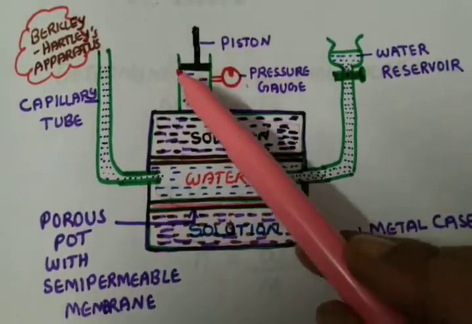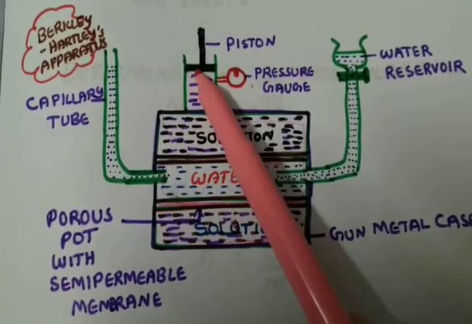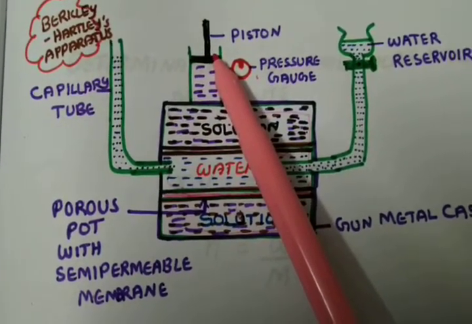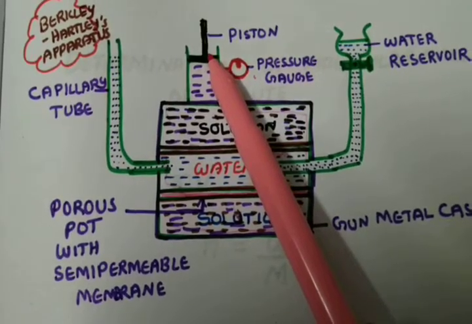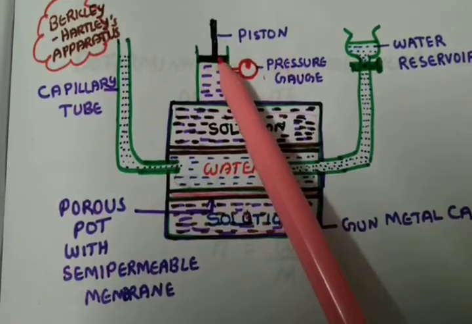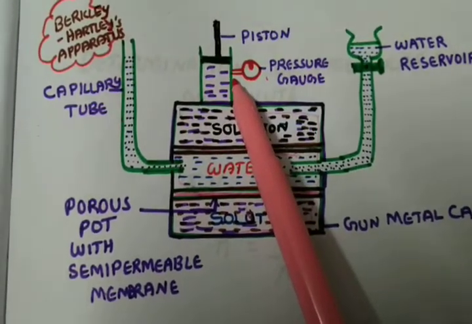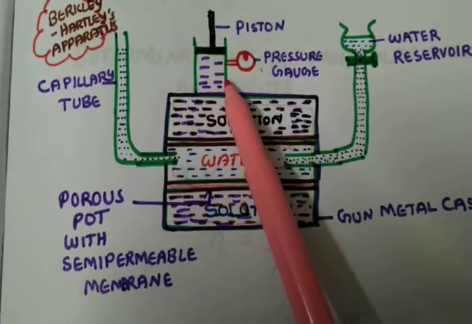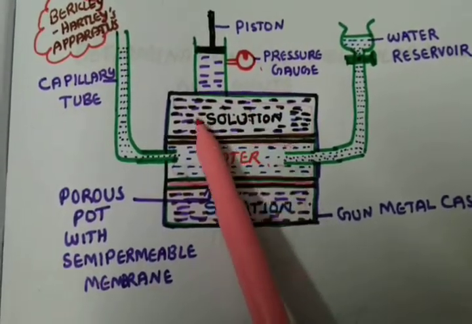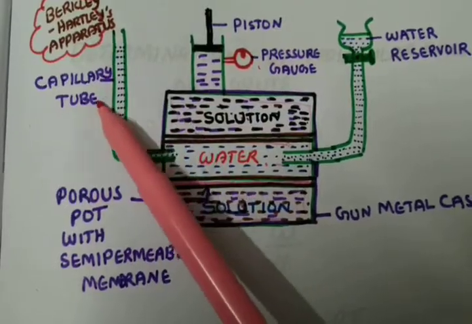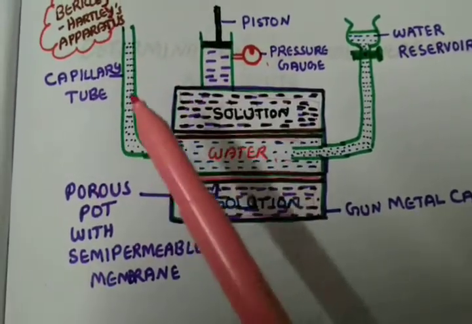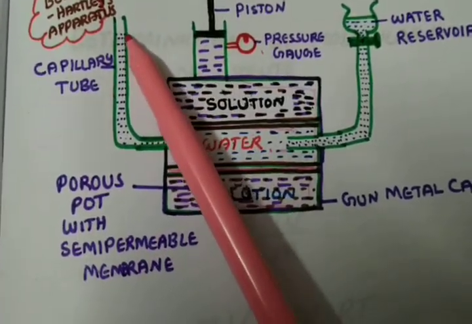So a gradually increasing pressure is applied to the solution by means of a piston in such a way that the level of the solvent in the capillary tube remains steady at the initial position itself.